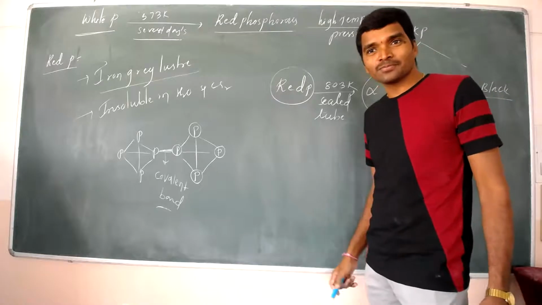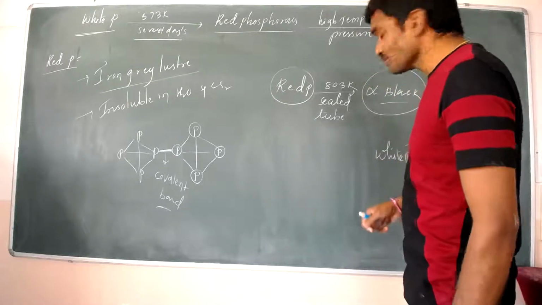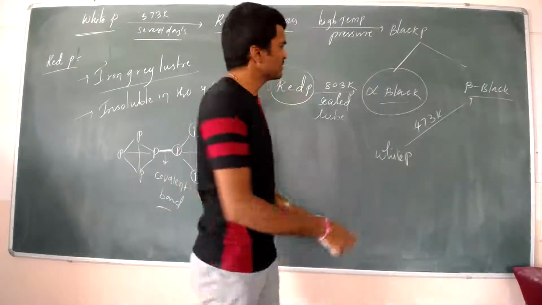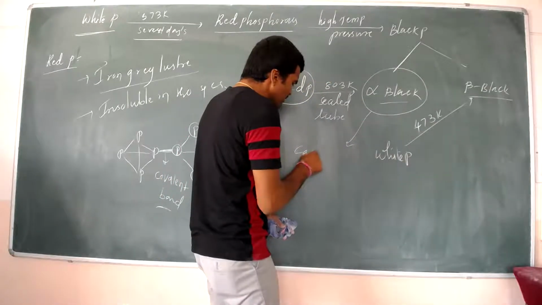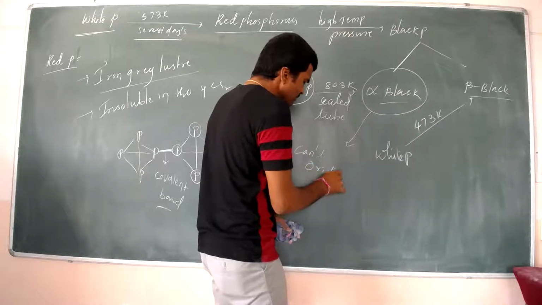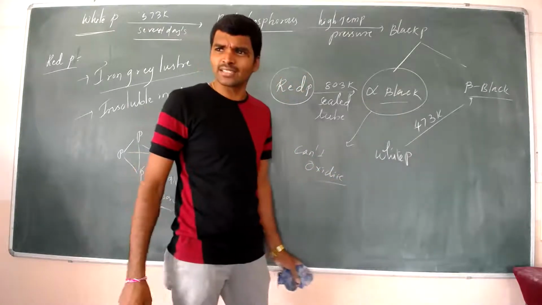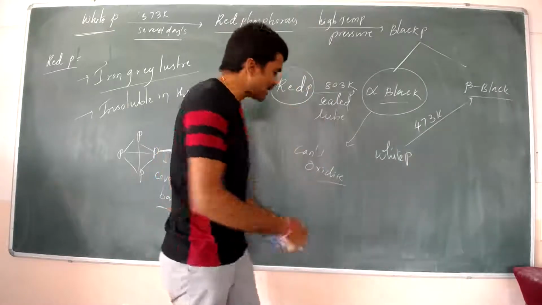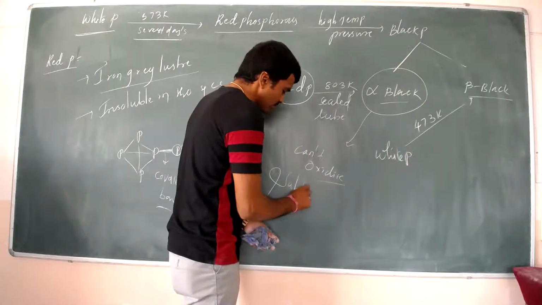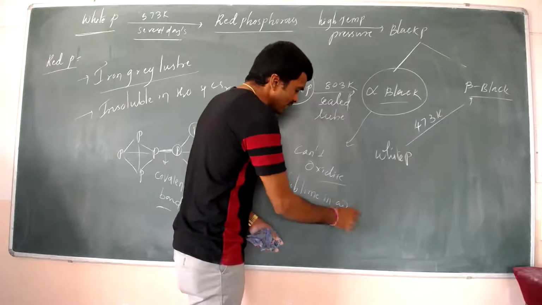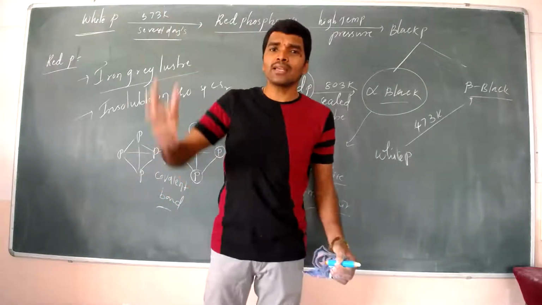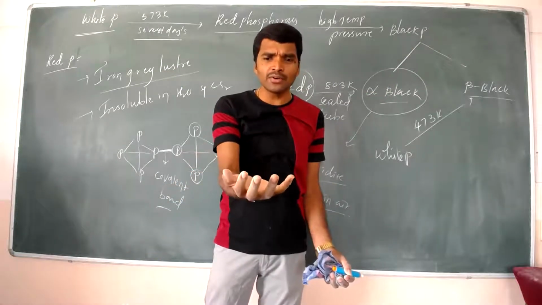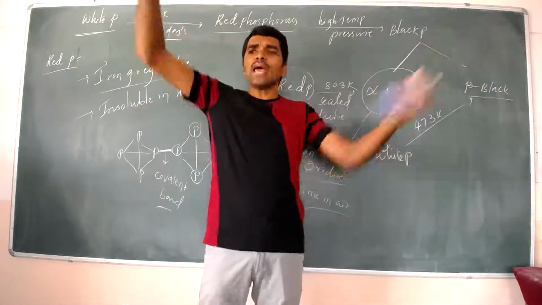And you see, alpha black phosphorus cannot oxidize in air. And it sublimes in air. Sublimation means it evaporates.